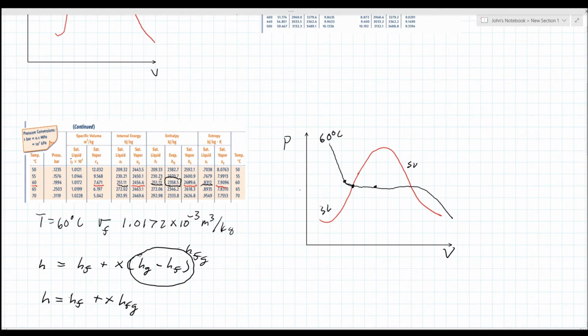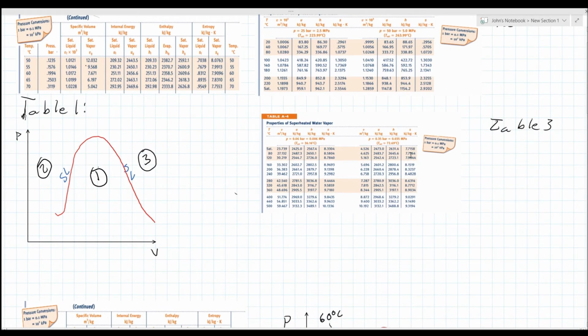Now, let's say I want to decrease the pressure of my fluid. Well, remember, when you're inside the dome, you're isobaric, and so now I'm decreasing my pressure. If I'm decreasing my pressure, I'm now in my superheated vapor region, so I'd go up here to table 3, and I'd pull a value from this table depending on my pressure, because you can see in our superheated vapor table, we have a given pressure here, which is 0.06 bar.